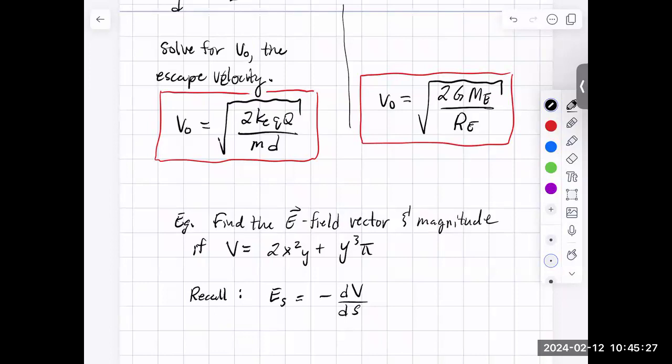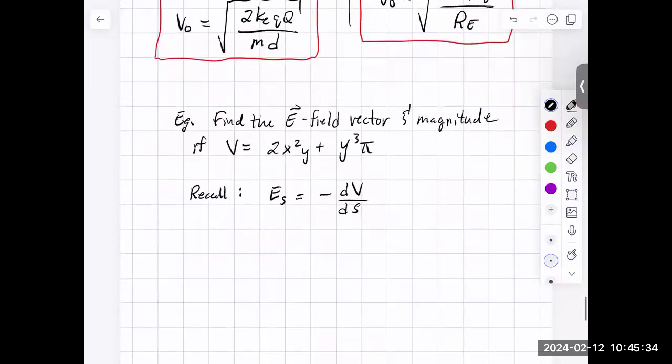That will allow us to construct the electric field vector, and from there we can calculate the electric field magnitude. So find the x component. E_x is equal to minus dV dx. So what is the x derivative of this potential?